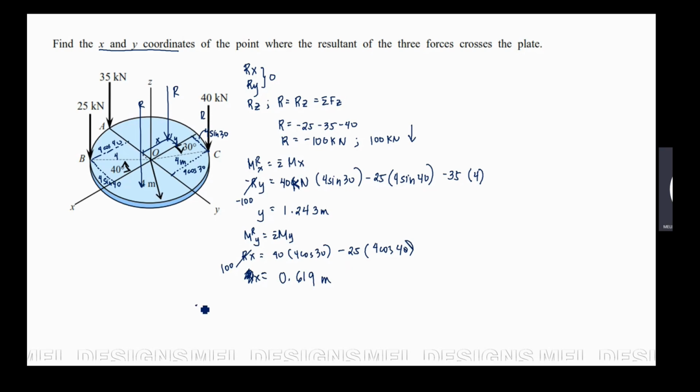Therefore, we have negative 0.619, and then yung y coordinate niya is negative 1.243. So, ito na yung magiging x and y coordinates. Okay? So, that will be the final answer.